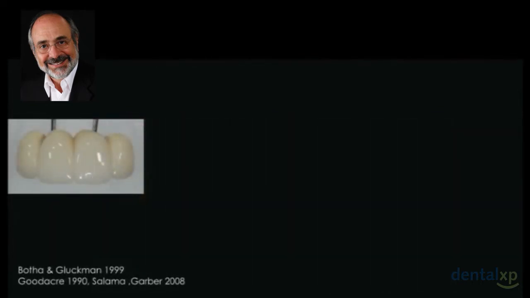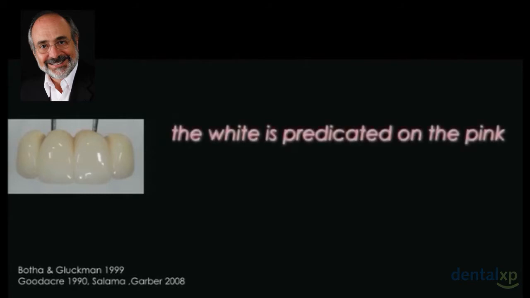So we take this case, and this is work done before us by Buerta and Gluckman, and we look at it and we say, let's draw in on this where the optimal silhouette form of the tooth would be. Because remember, this white is poorly affected by the pink. So we draw onto this where it would normally be, and we etch apical to this, the part above it.